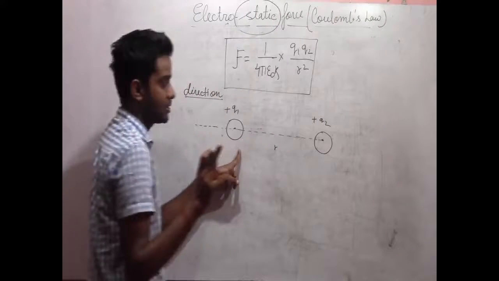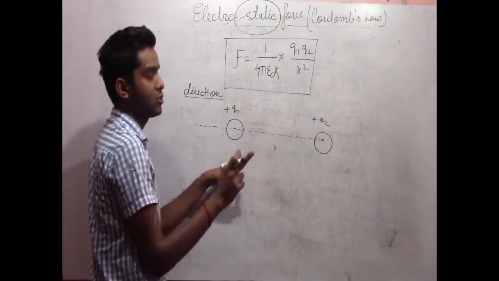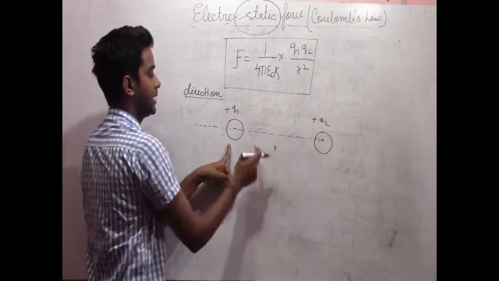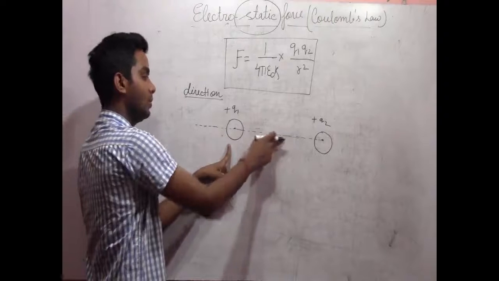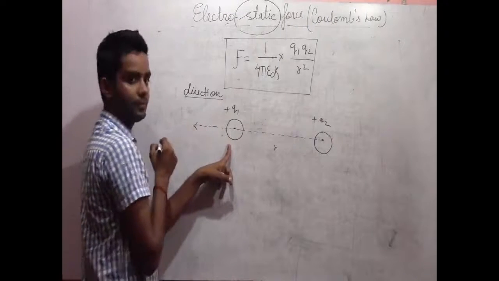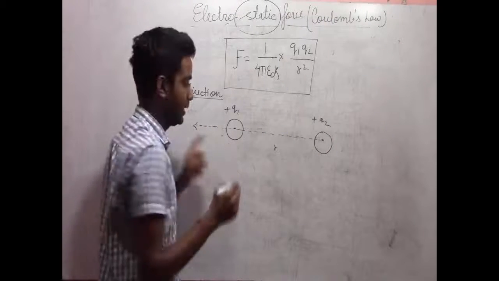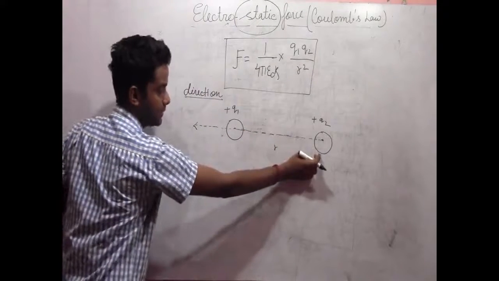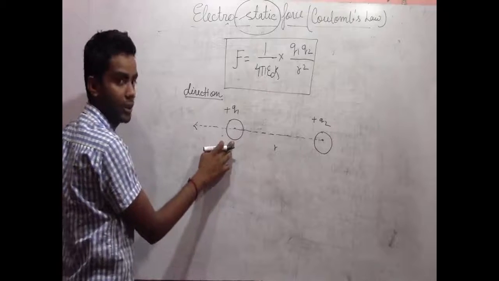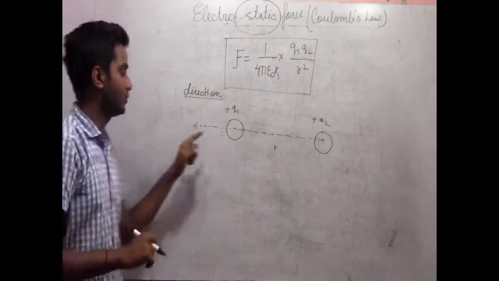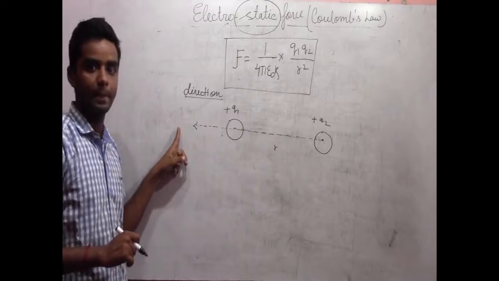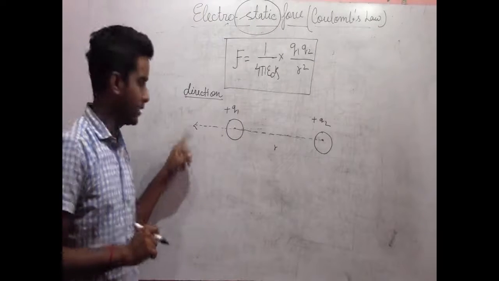If I ask you what is the direction of the force exerted by Q2 on Q1, you will say the force will be along the same straight line. This is your straight line. If this charge exerts a force on Q2, the direction of the force is along the same line joining them.